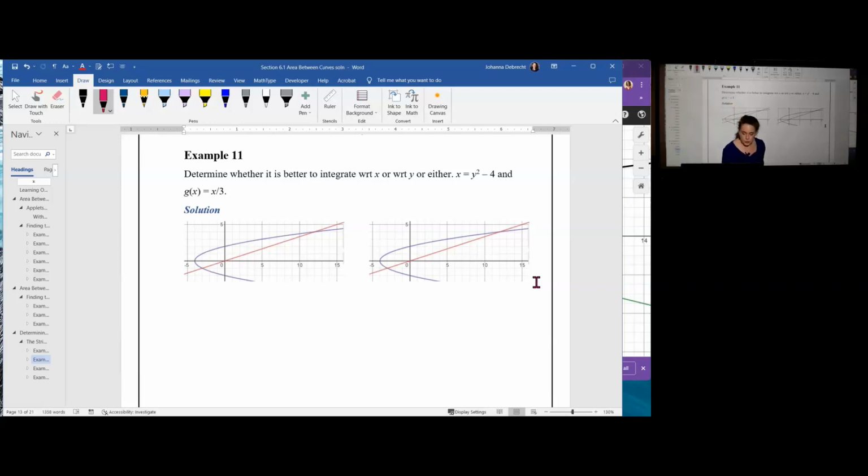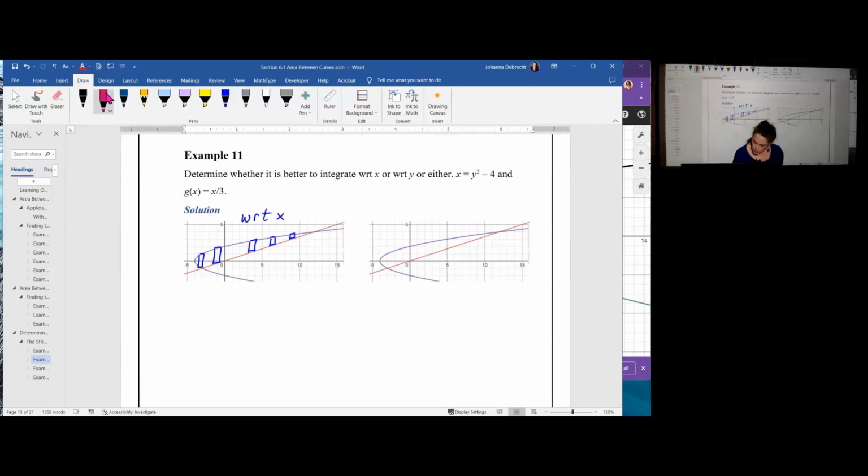Again, to do it with respect to x, I draw the strips vertically from the left side to the right side as x increases. Notice that it does change. I have the upper arm of the right opening parabola over the lower arm of the right opening parabola, and the upper arm over the line. Going with respect to x would probably not be the way to go.